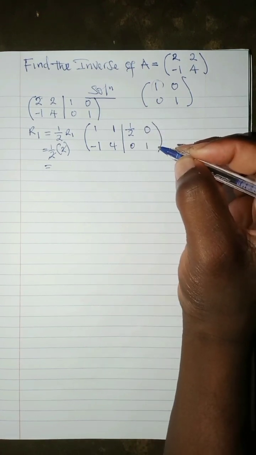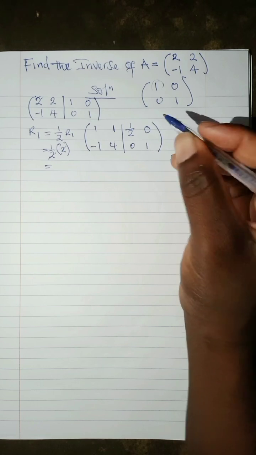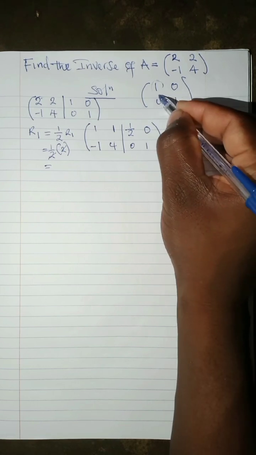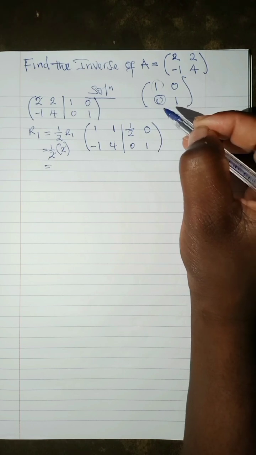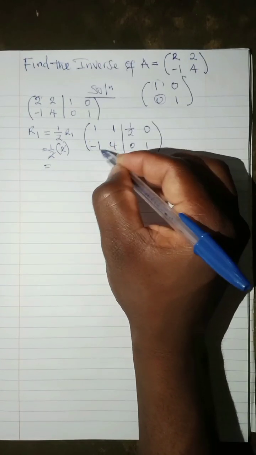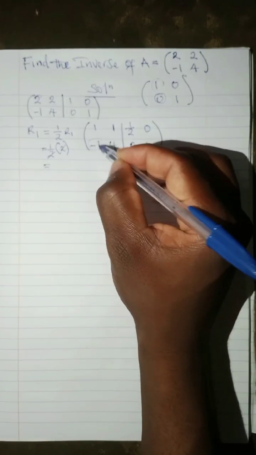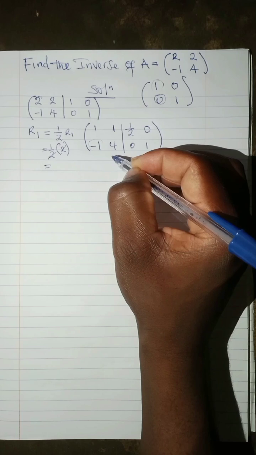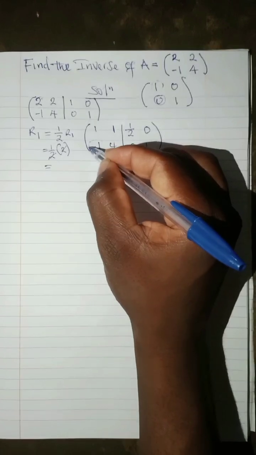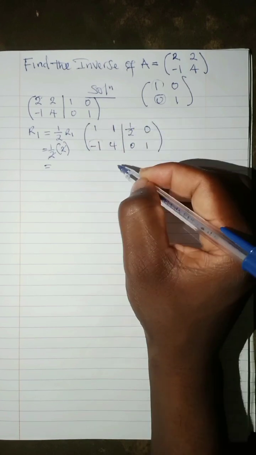And now, when you see properly the identity, on this part, there is 0. This means that even here also, we need to form 0. But how can we form this 0? We have now started dealing with row 2. So how can we form 0 here using row 1?